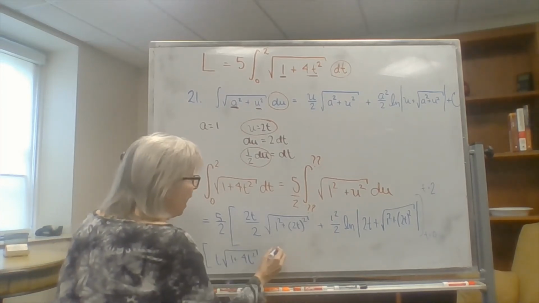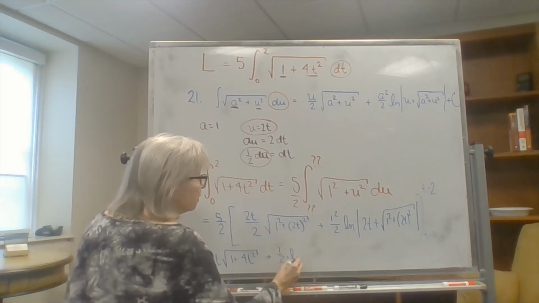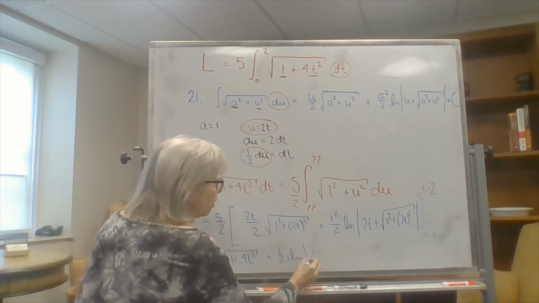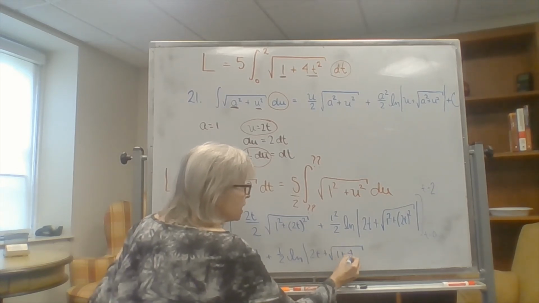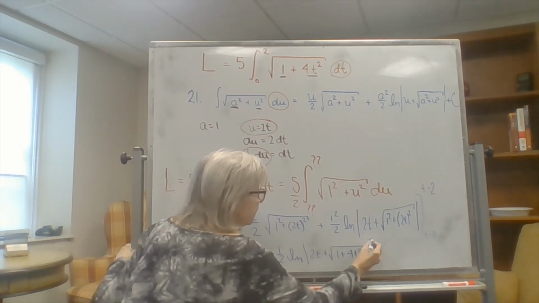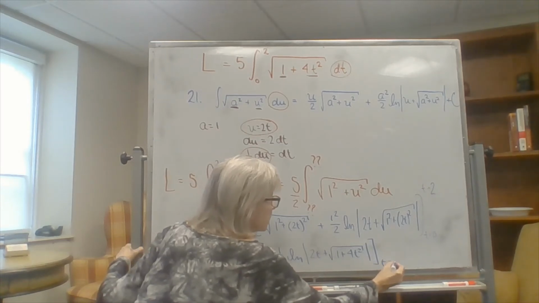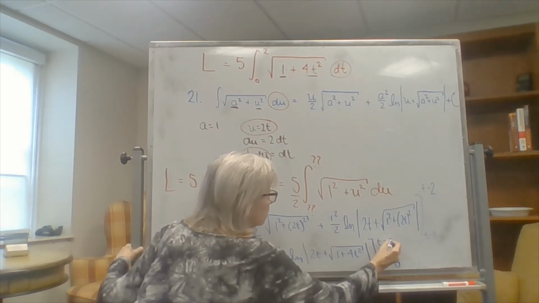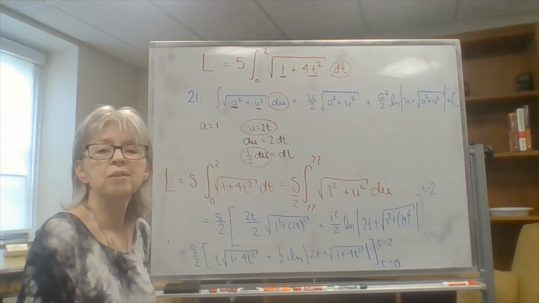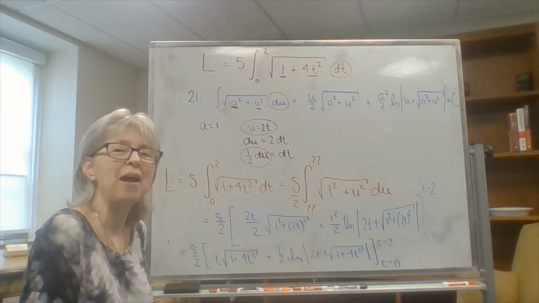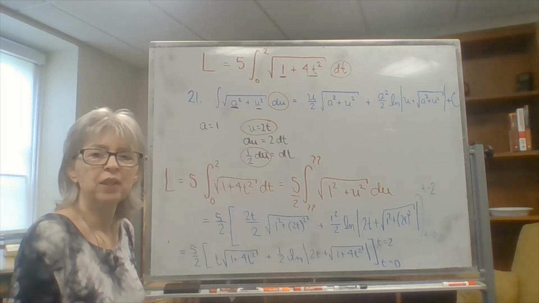I'd simplify that to 1/2, and then natural log of 2t plus square root of 1 plus 4t squared. And then remember, we evaluate from t equals 0 to t equals 2. And of course, I'm down at the bottom of my board again, so I have to erase and move things up.